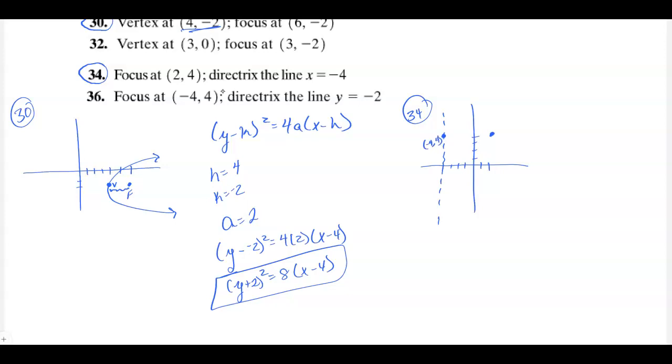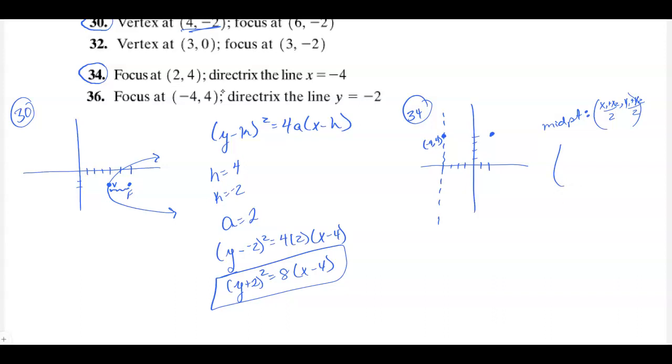Now the reason I'd want to know that is because I know the vertex has to live in between these two points. So I need to find the midpoint. The midpoint equation is (x1 + x2)/2, (y1 + y2)/2.